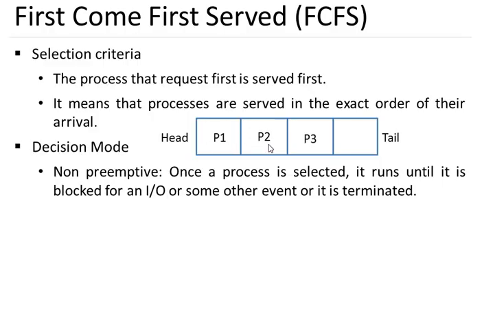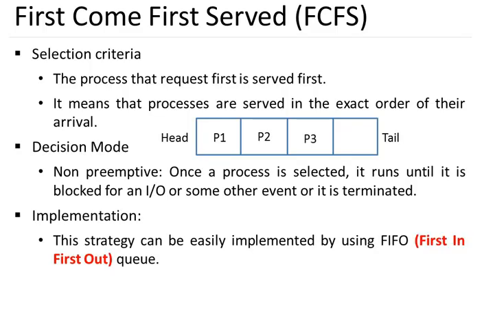Why? Because it is of higher priority. Though the CPU was executing process P1, it is switched to P2. So that is preemptive nature. But non-preemptive means once you have allocated the CPU to a particular process, it cannot switch to another process on arrival of a new process until it is blocked or terminated.